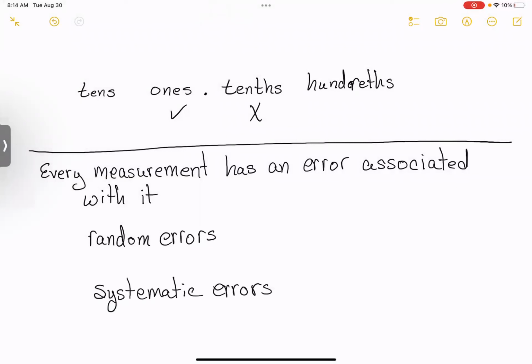Random errors are just that. They are random. They are not due to a single issue. They cannot be controlled.